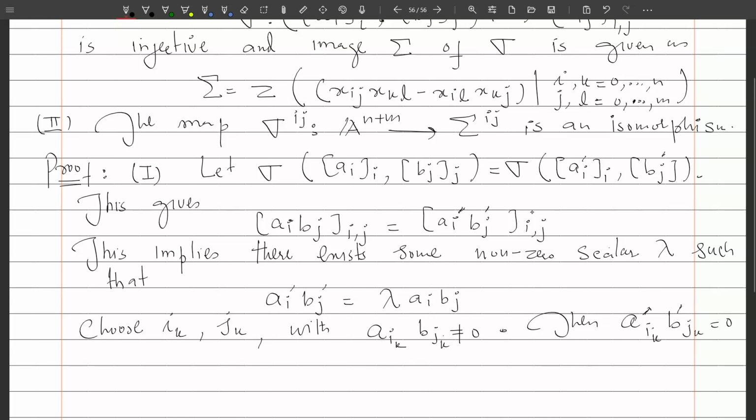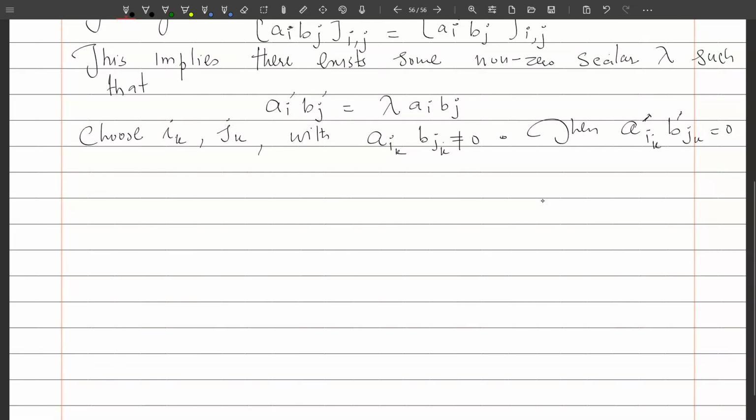So in particular, b_{j_k}' is non-zero. Therefore, we can divide throughout this equation here by b_{j_k}'.